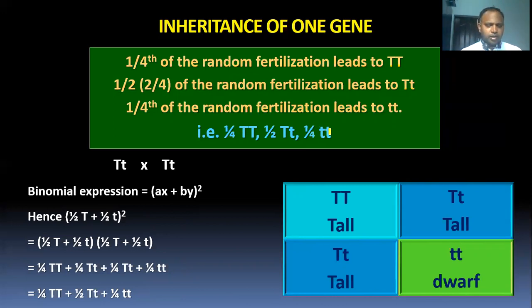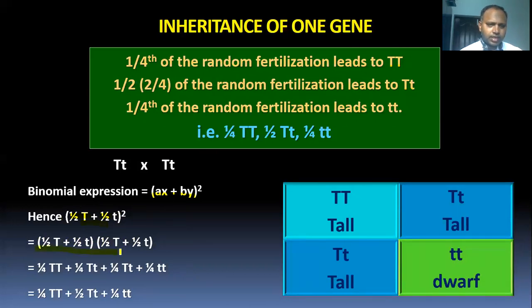If you put a binomial expression like (ax + by) whole square, you can write it like this: (half T plus half t) whole square. Because here we are getting only 2 types of gametes, both gametes have 50% chance. The expansion is half T plus half small t into half T plus half small t.